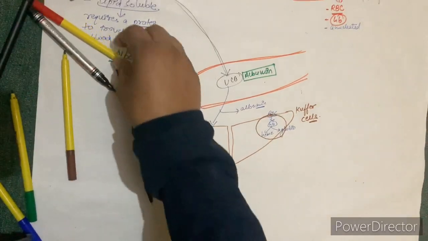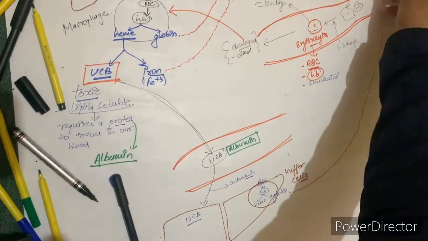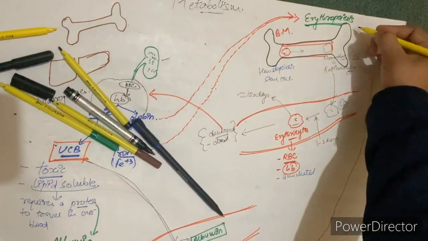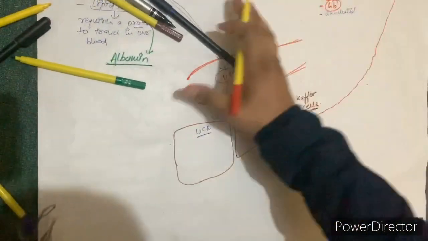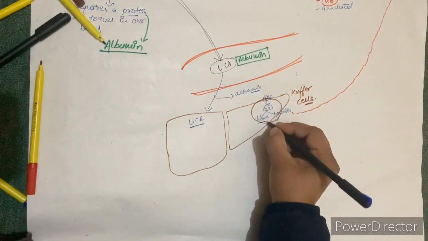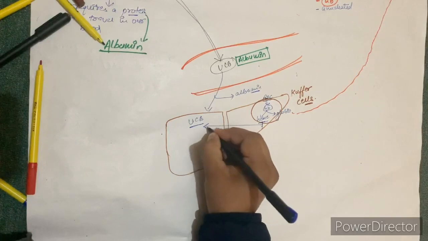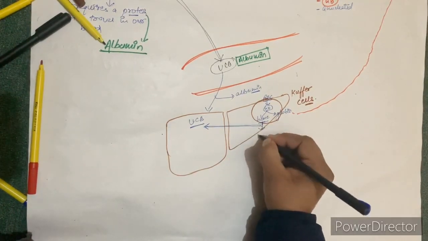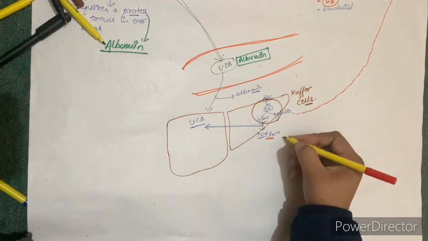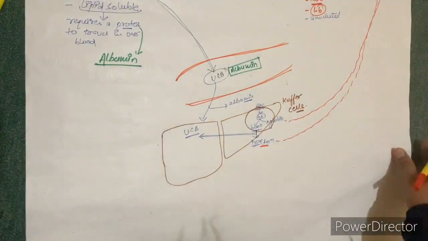This globin is again reused in erythropoiesis. This heme is again degraded and converted into unconjugated bilirubin and iron, Fe3. As I discussed earlier, this iron is also used in erythropoiesis.